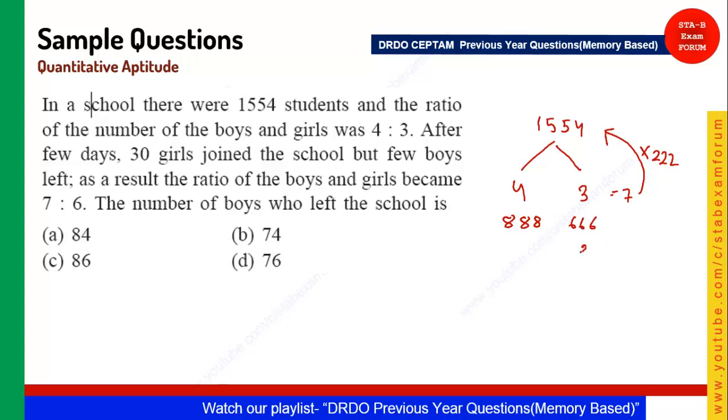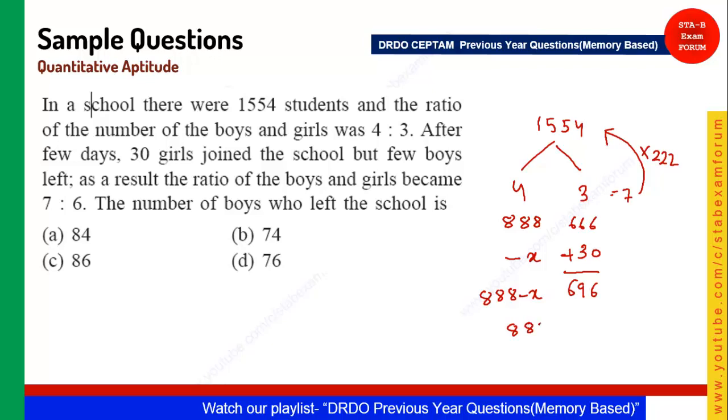Okay, after that what happened? 30 girls have joined. Okay, so add 30, and some boys left, let's say X. So this total becomes 696 and this becomes 888 minus X, and the ratio of this is 7:6.